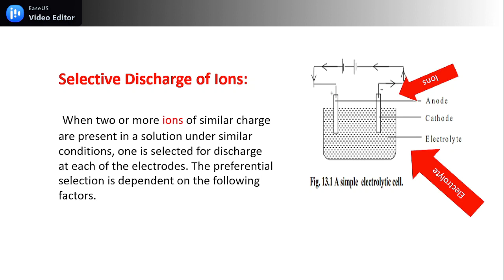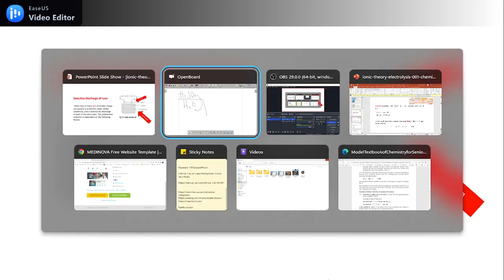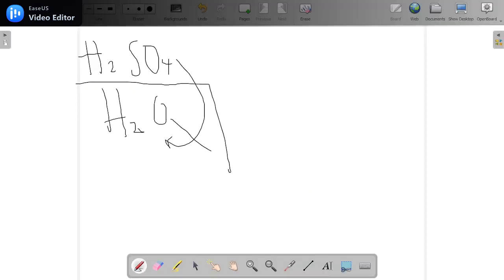So when the ions are getting ready to be transferred through the electrodes, we'll be considering two electrolytes. What are they? Water and any other one. The compounds will be water and any other one. So now, what do we mean by that?